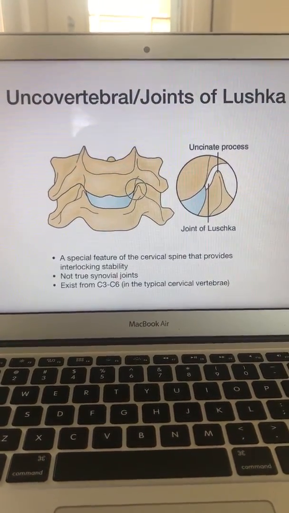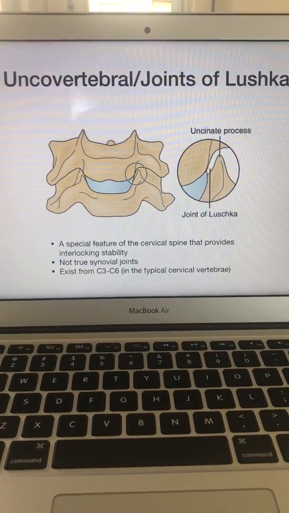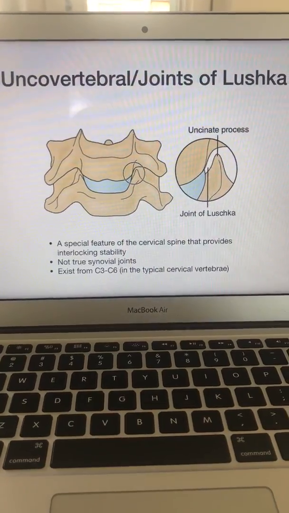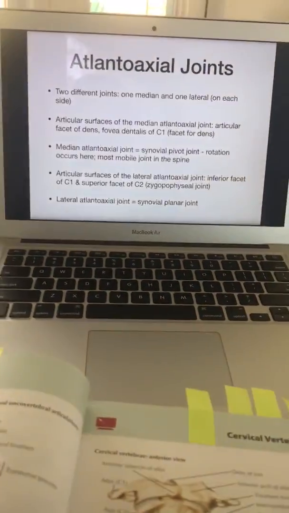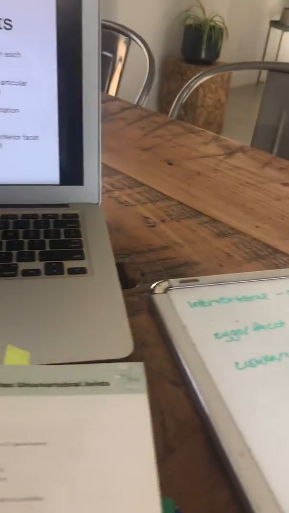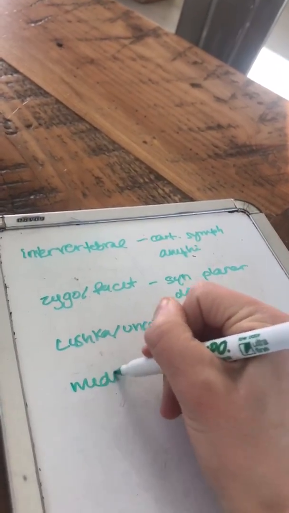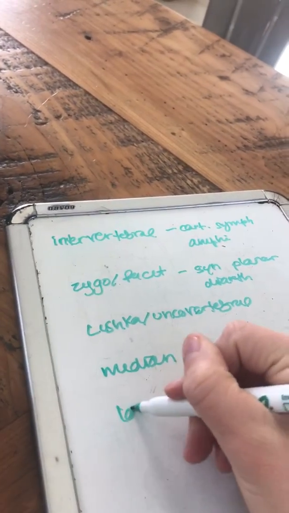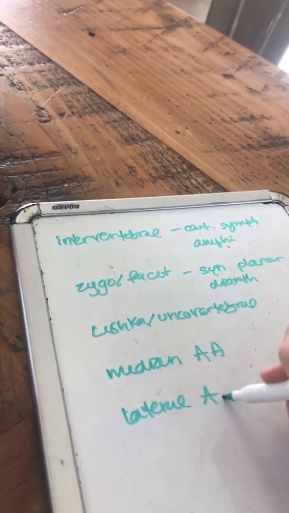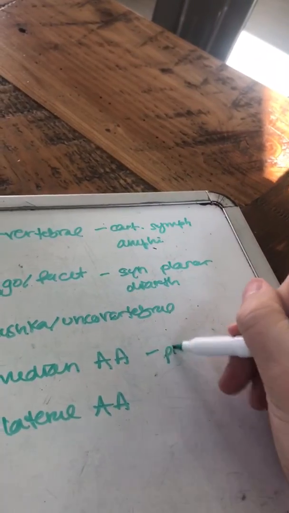So we just know that they're interlocking, they provide stability, and they're from C3 to C6. So atlantoaxial joints we'll talk about next. We have our median atlantoaxial joint, and we have our lateral atlantoaxial joints. So the median one is a pivot.